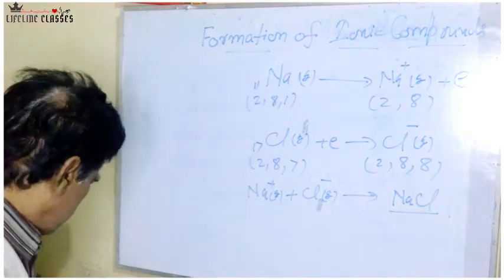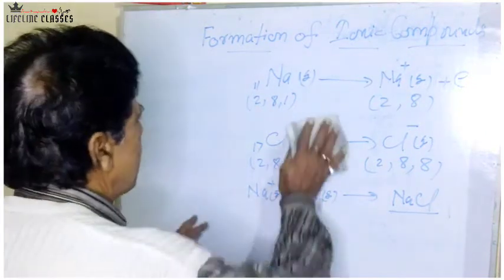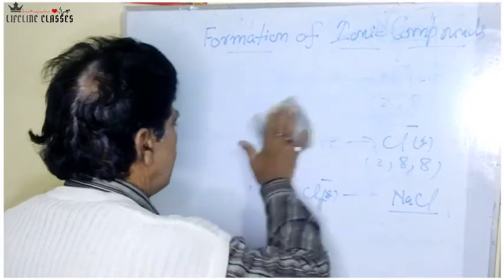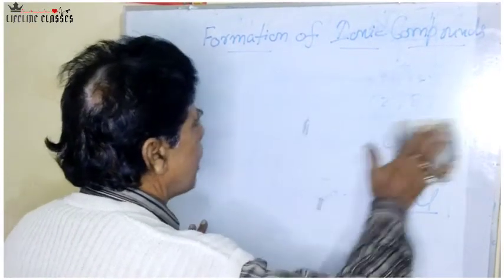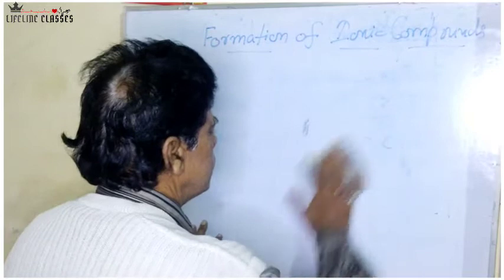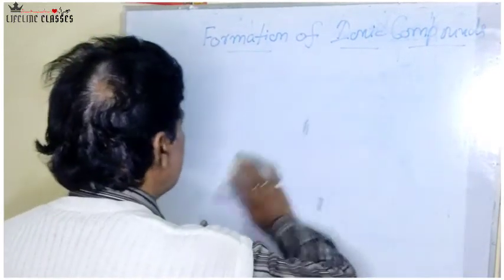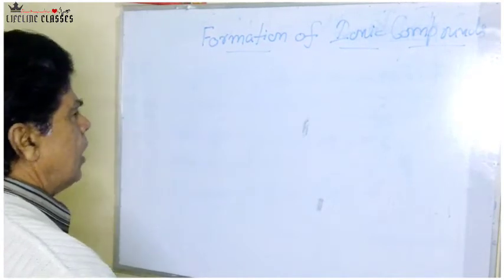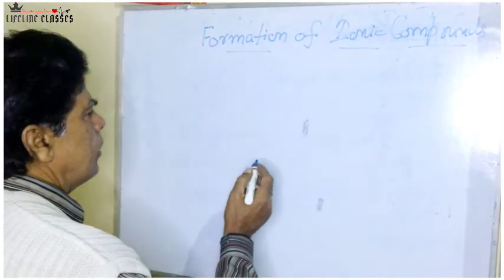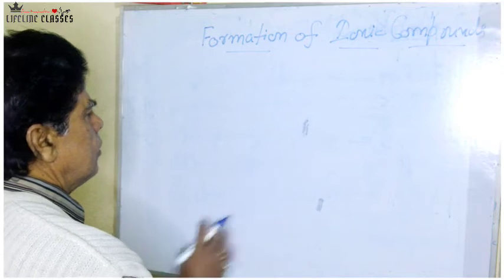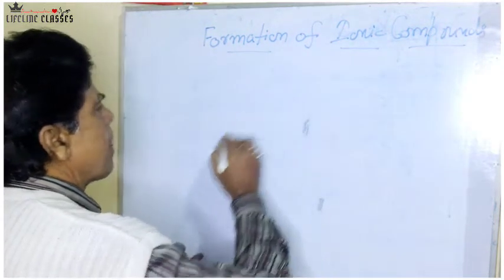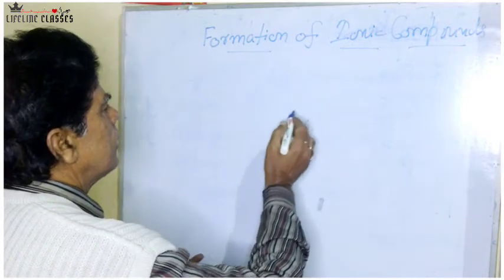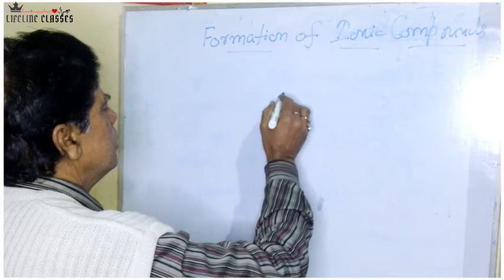So how are Na+ and Cl- arranged in the crystal lattice? You know, crystals are of various geometrical shapes. Here NaCl forms ionic crystals with cubic crystal, simple cubic crystal.